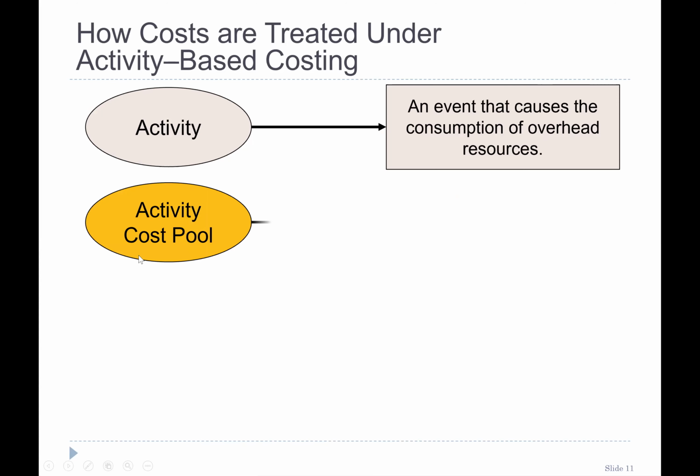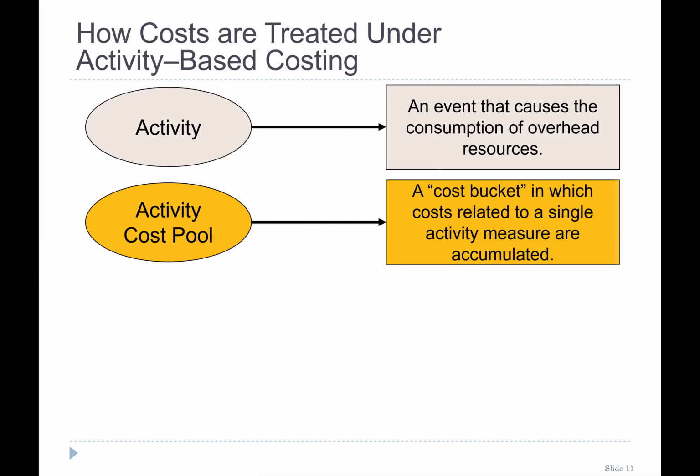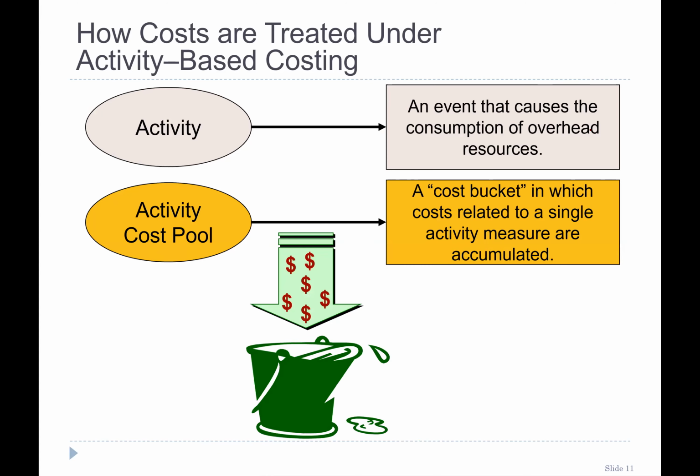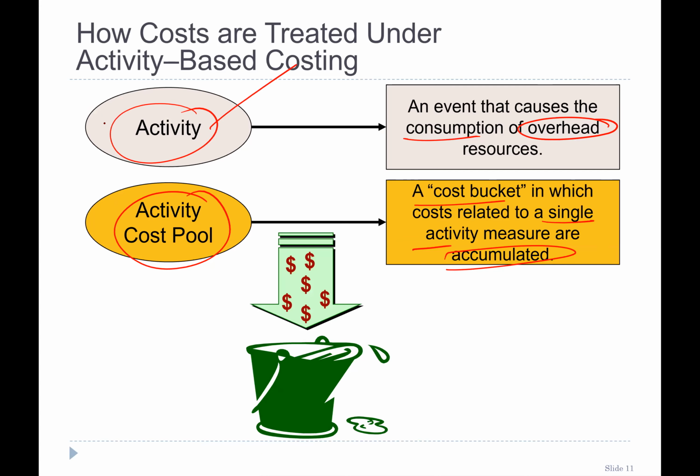An activity in ABC is an event that causes the consumption of overhead resources, right? An activity pool is a cost bucket in which costs related to a single activity measure are accumulated. In simple words, it is how we measure this activity through different methods.